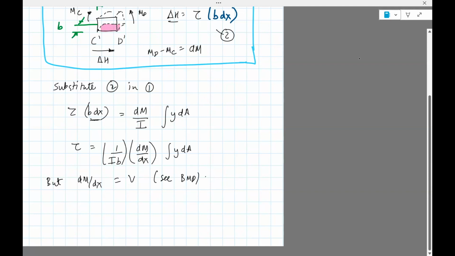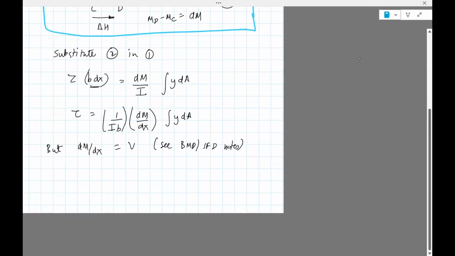That's from the SFD and BMD notes. Okay, so we have the formula tau equals V, for dM dx, divided by I B, and in this part the integral y dA, I'll write it as Q, where Q is integral y dA.